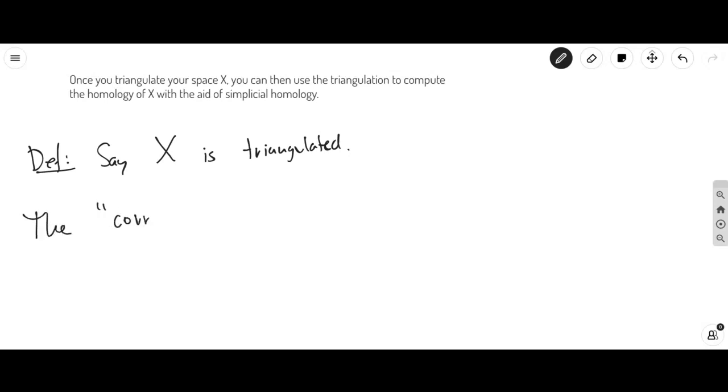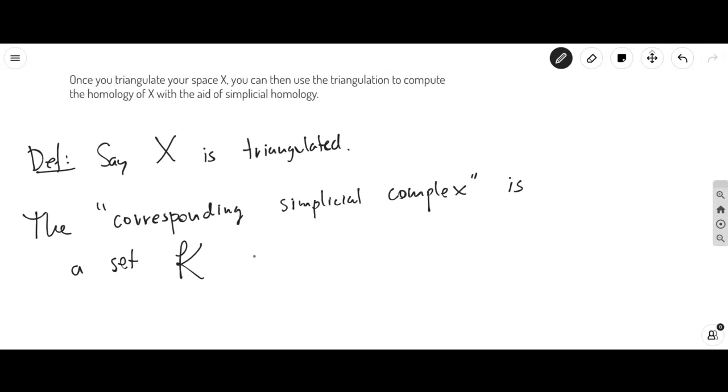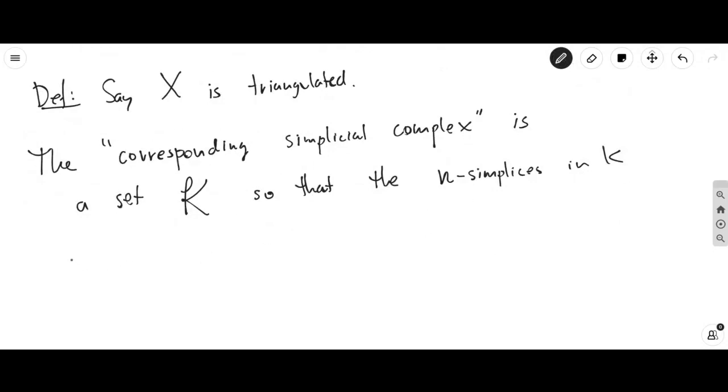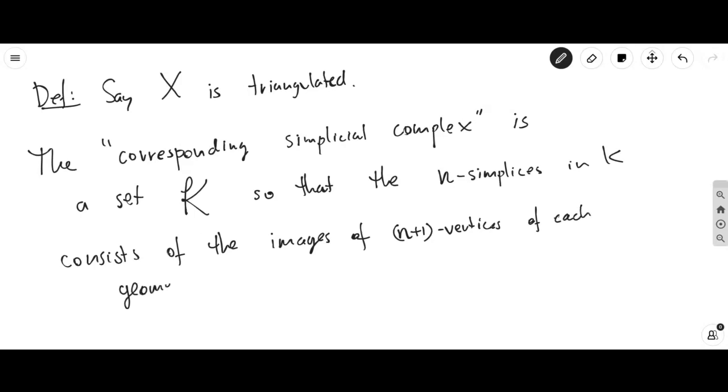We can call the corresponding simplicial complex with respect to the triangulation a set K, so that the n-simplices in K, and an n-simplex in a combinatorial sense is just a set of n+1 points, consist of the images of n+1 vertices of each geometric simplex in the triangulation.